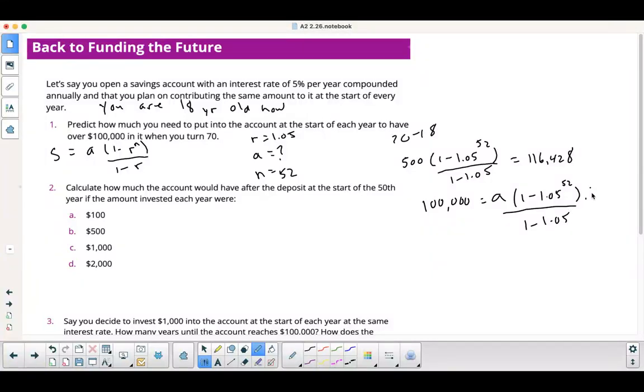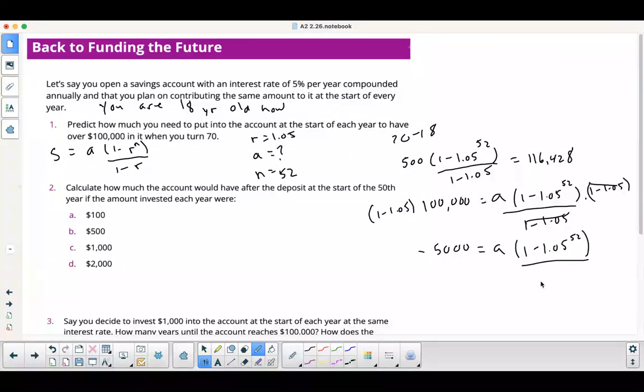So if I multiply each side by 1 minus 1.05, I could now cancel these, and let's do this math here. 1 minus 1.05 times 100,000 gives me negative 5,000 equals A times, I'm just going to leave this because it's probably going to be a long decimal number because it's to the 52nd power.